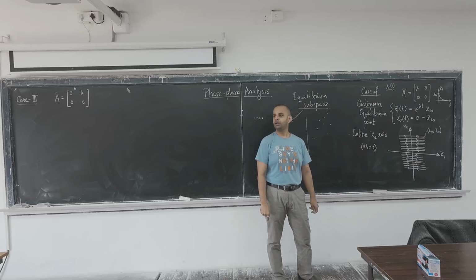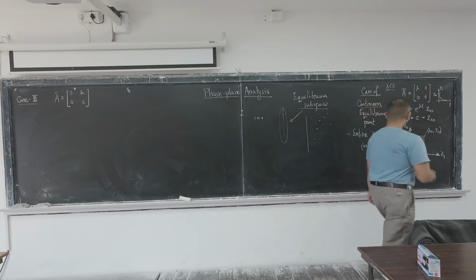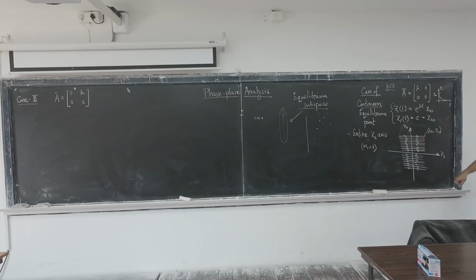So at this moment the picture may seem to us that we can differentiate between the points, but in reality it is not. So this whole Z2 axis is the equilibrium subspace, and that is the case of continuum of equilibrium points. Okay, if you choose this side, it will go towards this.